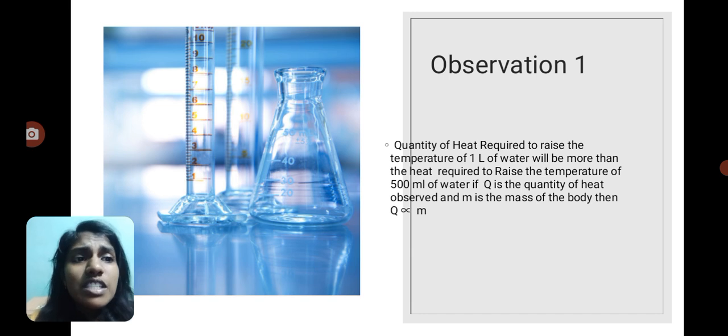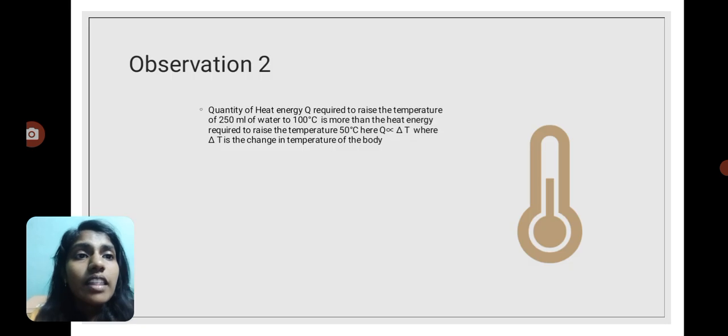If Q is the quantity of heat absorbed and M is the mass of the body, then Q is directly proportional to M. Observation 2: the quantity of heat energy Q required to raise the temperature of 250 ml of water to 100 degrees Celsius is more than the heat energy required to raise it by 50 degrees Celsius. Here Q is directly proportional to del T, where del T is the change in the temperature of the body.